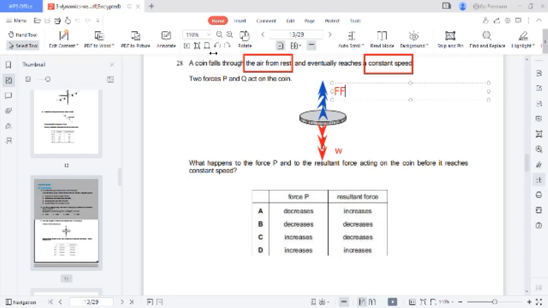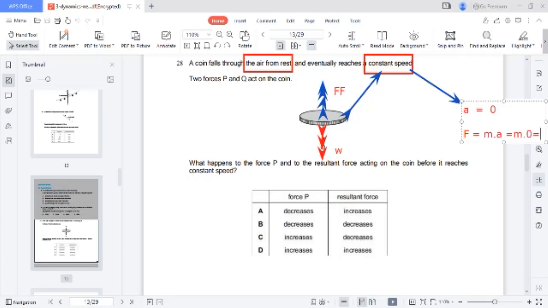Now when we are talking about constant speed, it means acceleration is 0. When acceleration is 0, Newton's second law states force equals mass times acceleration, and it becomes mass times 0.